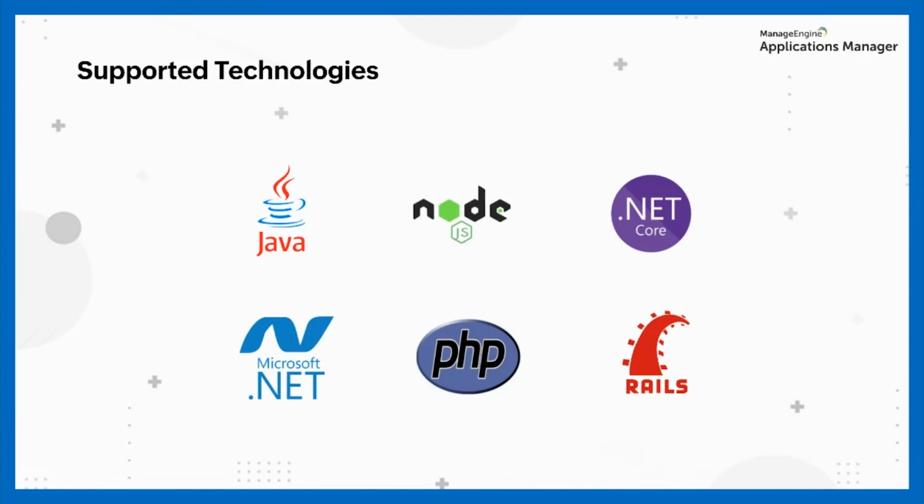By a complete end-to-end transaction monitoring across your entire web application will help you to avoid any performance issues. Also, you can analyze the root cause of problems much faster by performing the first level troubleshooting. So the supported technologies in APM Insight are Java, Node.js, .NET Core, Microsoft .NET, PHP, and Ruby on Rails.